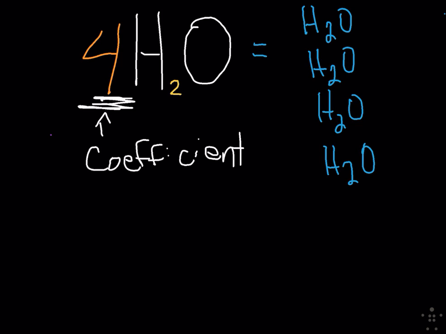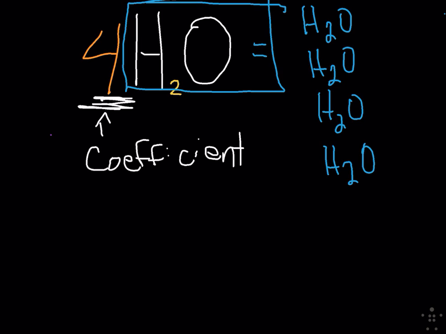So I could write H2O 4 times, H2O, H2O, H2O, H2O, because technically speaking, H2O is 1 molecule. And that's what I'm trying to show you guys right here, that box. That is H2O. H2O is one thing. And then if I have a big number next to it, that's called a coefficient. It means I have 4 molecules of H2O. Those two are the same.